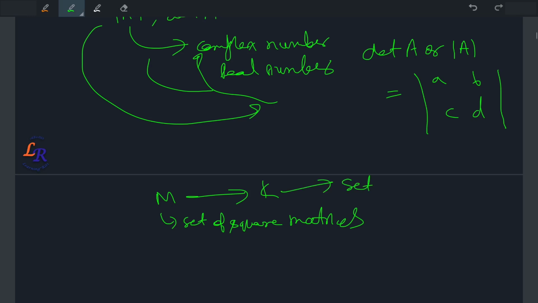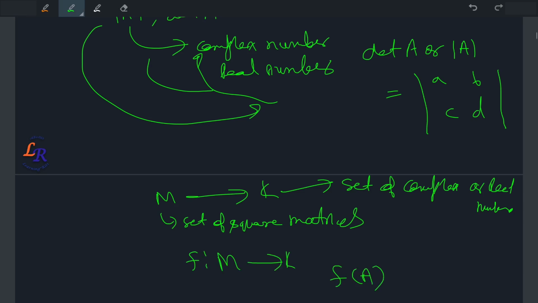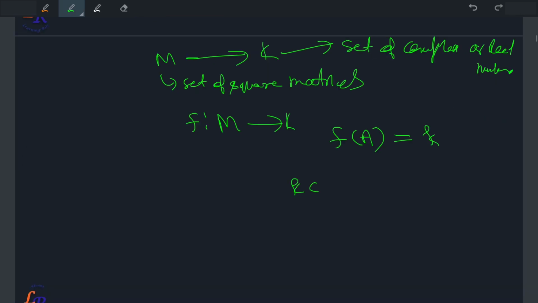Let K represent the set of complex or real numbers. Then you can define a function from M to K such that f(A) is equal to k, where k is an element of K and A is an element of the square matrix set M. In such a case, the value of the function is called the determinant of A.